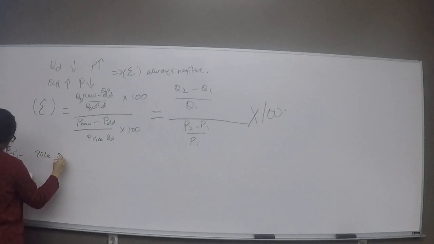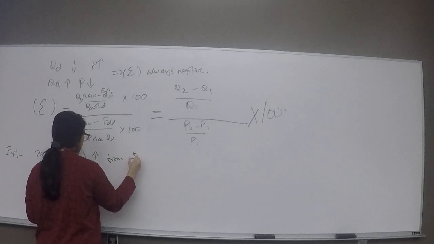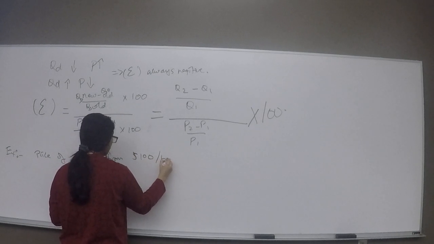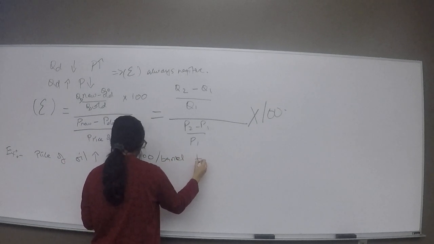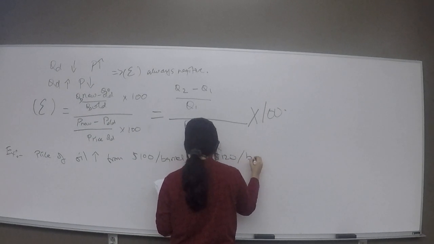So, example. Price of oil increases from $100 per barrel to $120 per barrel.